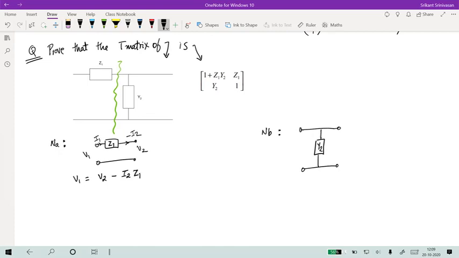I can write this equation because this is nothing but a straight line. There is an impedance over here. And I know that I1 is equal to minus I2, right? Because there's no other path, just by Kirchhoff's current law.